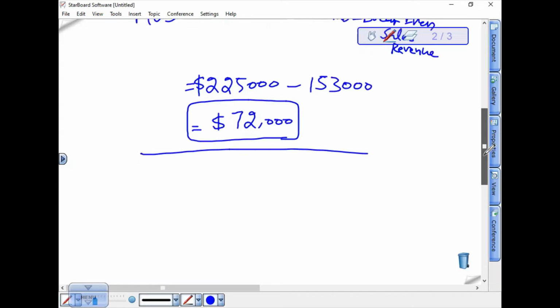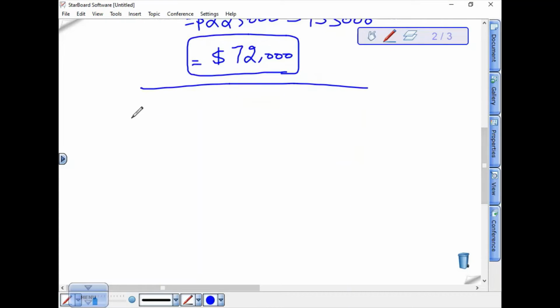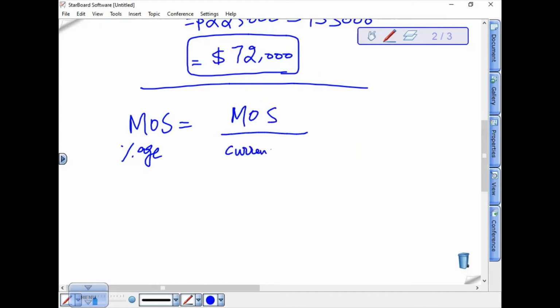But in case the examiner asks you to calculate margin of safety in percentage, then what will be the formula? The formula will be margin of safety over current sales level. In order to calculate in percentage, we can multiply this with 100.